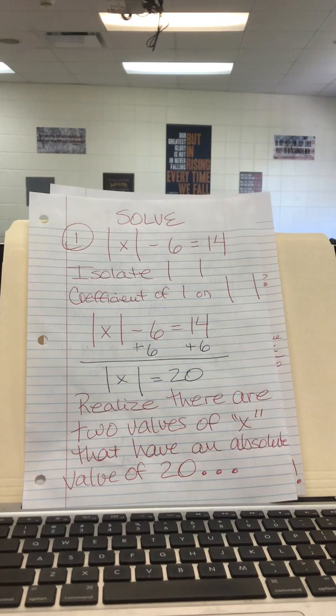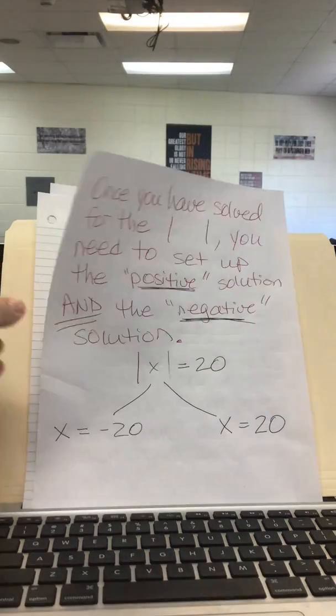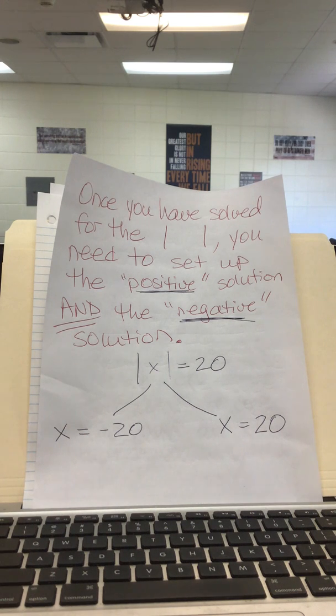Here, when we isolate and get a coefficient of 1 of our absolute values, we see that we may need to add or subtract anything that's outside the absolute values before we can split into a positive or negative solution. Again, we always have two possible solutions for an absolute value equation.